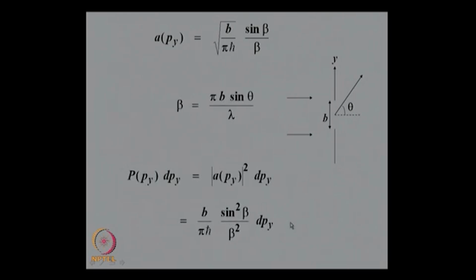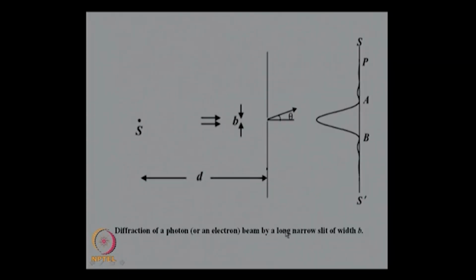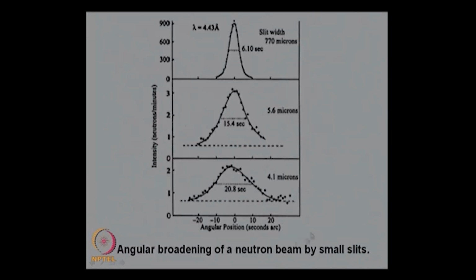Therefore, the probability of the momentum lying between p y and p y plus d p y is equal to A of p y square d p y, which is equal to sin square beta by beta square.